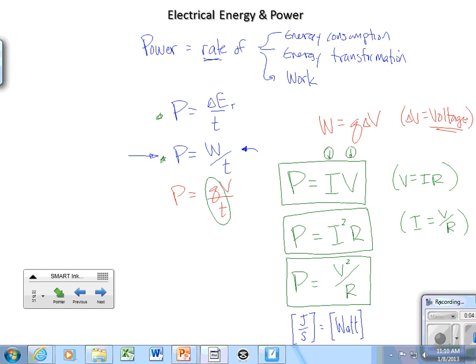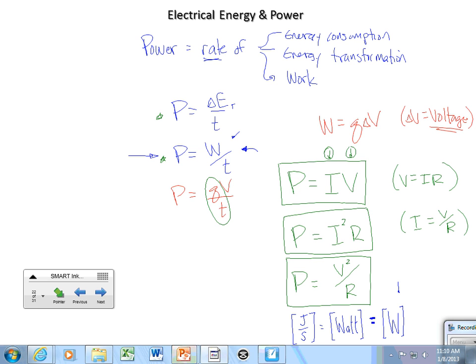So we abbreviate the unit for power as W, watts. Don't get mixed up with this W for work and this W for watts. One's a variable, one's a unit. Okay, those are units for power.